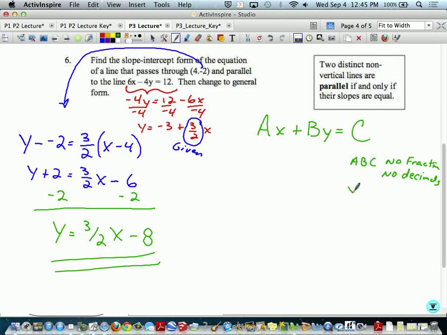We want Ax and By on the left, and A should be positive. That doesn't say anything about B or C being positive or negative, okay? Only A should be positive. In other words, we don't want a negative sign hanging out in front.